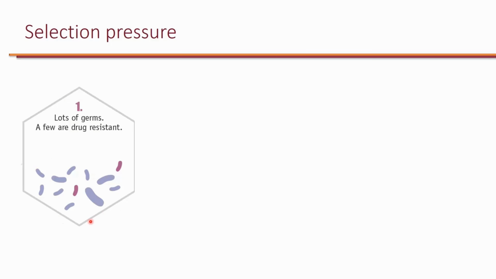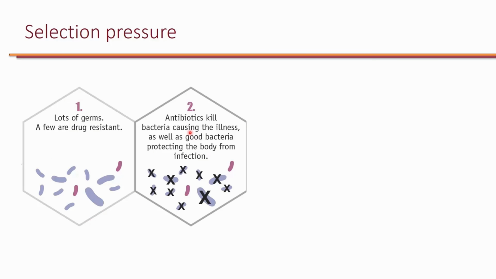Now what happens every time that we use antibiotics to treat an infection is that the antibiotic wipes out all the flora that are susceptible to it, and the ones that are resistant will stay behind because the antibiotic could not kill them. Again, those bacteria were not really causing an infection, they were just part of the flora.